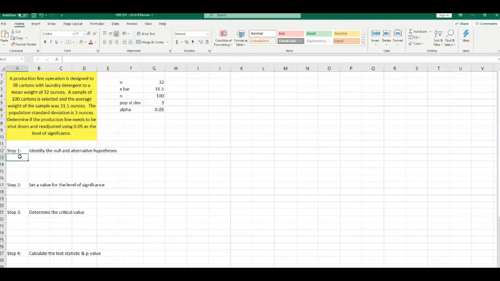So the first thing that we need to do is figuring out our null and our alternative hypothesis. So we know that we're going to be dealing with means, and we know that we're going to be dealing with our 32s because that was our population mean. The tough part here is figuring out the signs, right? Is it greater than, less than? Is it equal to, not equal to?